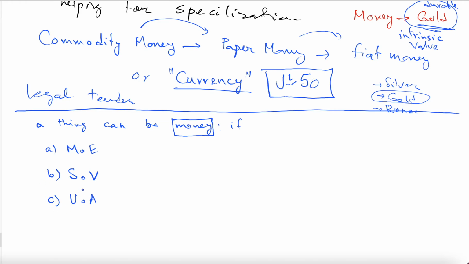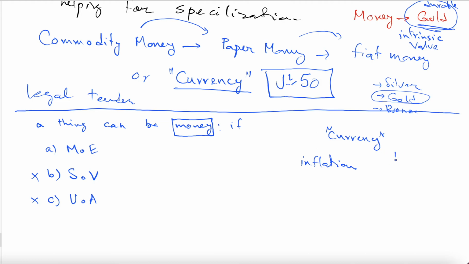If one or two of them are not fulfilled and it's only the medium of exchange, it is called currency. So currency is a type of money which may or may not have all 3 at once.